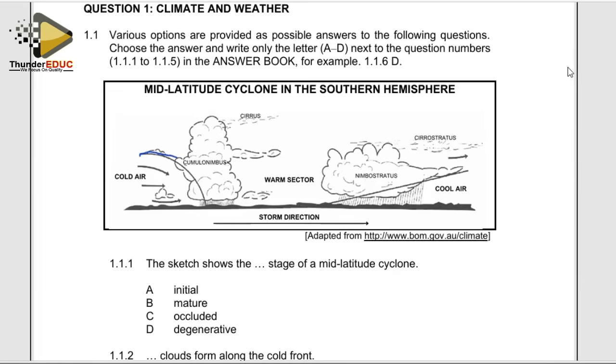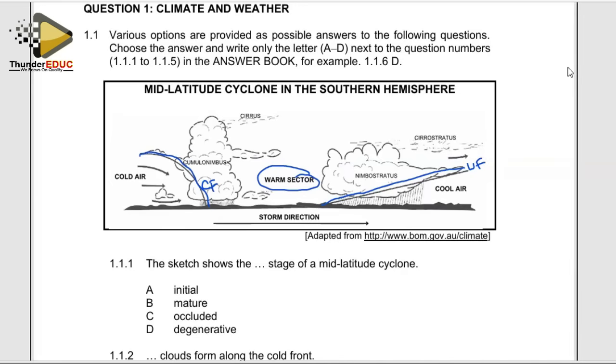This is our cold front, the weather system. And our warm front is also indicated here. So this is our warm front of the system. This is our cold front of the system. And in between here, we have our warm sector, as usual. Our warm sector, that is where we find our warm air.